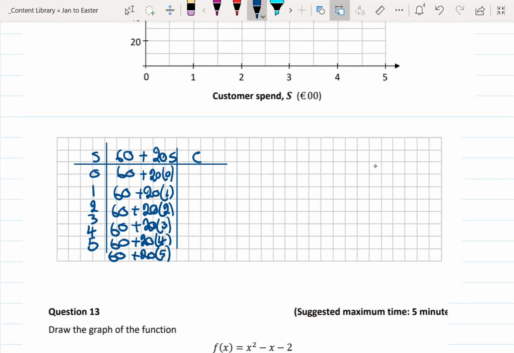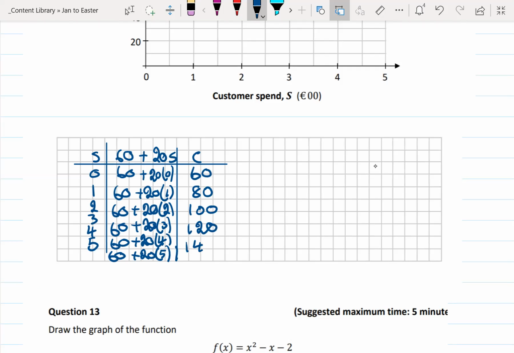When the input was 0, we work out 60 plus 20 multiplied by 0. Well, 20 multiplied by 0 is 0, so you're just left with the 60. Then the next one, 60 plus 20 by 1, so that's 80. And we get 100. So these look like they're all going up in 20s.